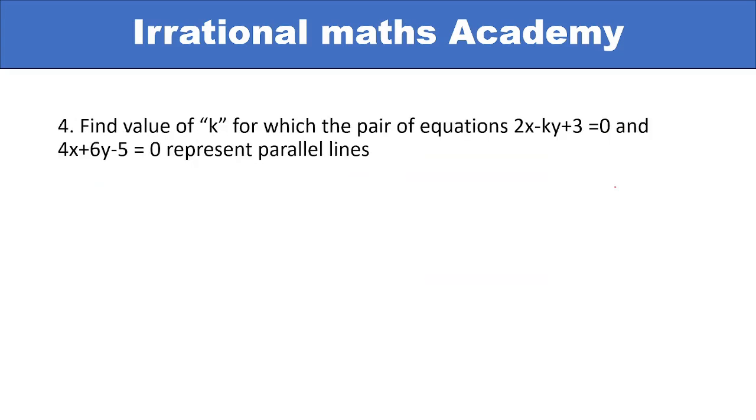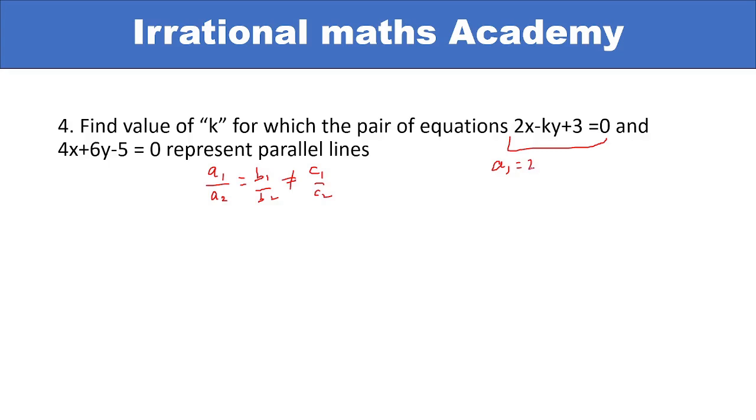Next, find the value of k for which the pair of equations represents parallel lines. So what is the condition for parallel lines? A1 by A2 equal to B1 by B2 not equal to C1 by C2. So from this first equation, I'll write down the A value.